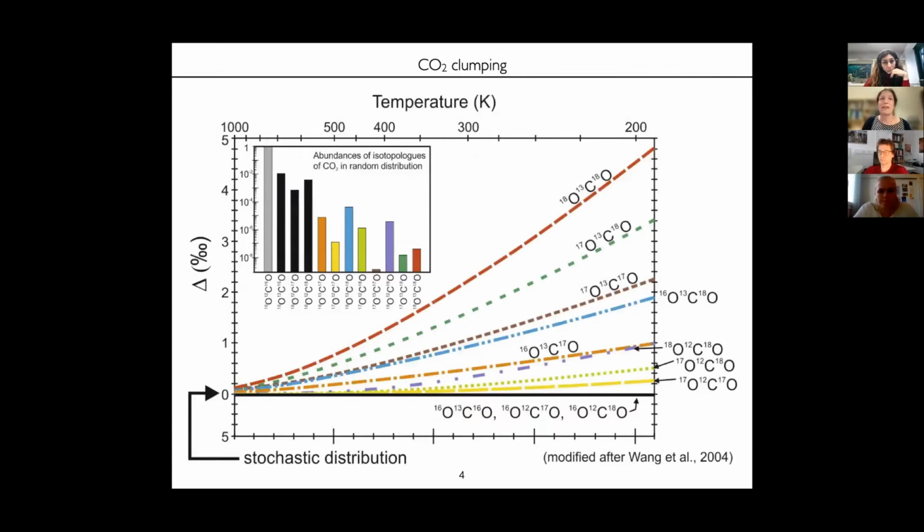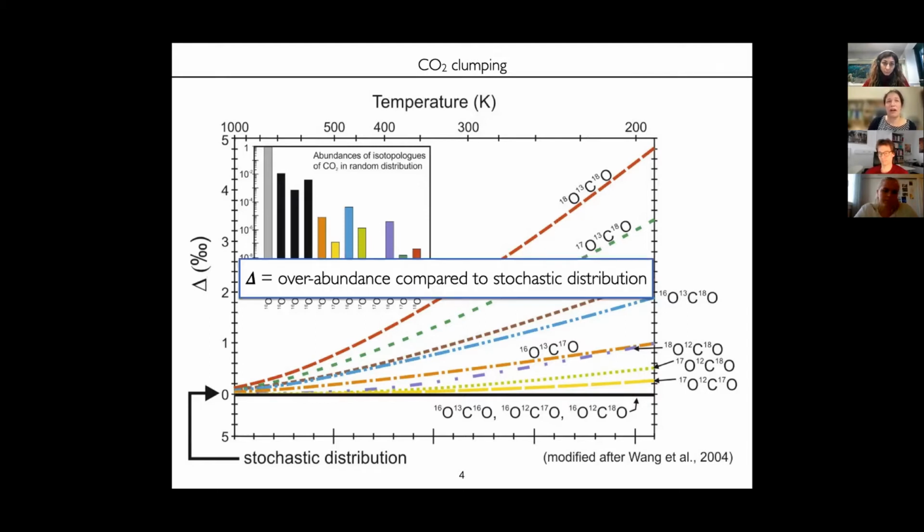It's maybe slightly complicated, so I'll walk you through this. In this plot, you see temperature on the x-axis, so cold is on the right and really hot is on the left. And on the y-axis, you have this capital delta in per mil. The capital delta is basically the overabundance of a given isotopologue compared to a stochastic expectation.